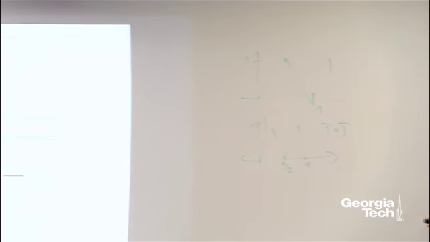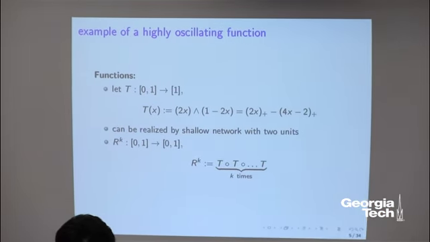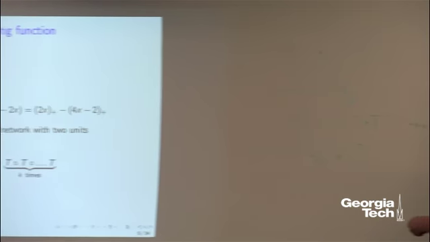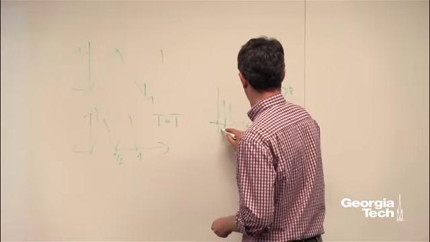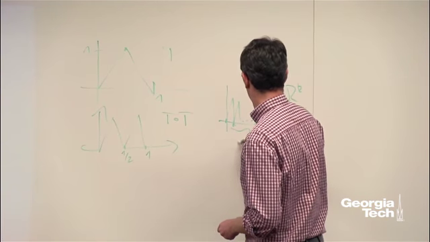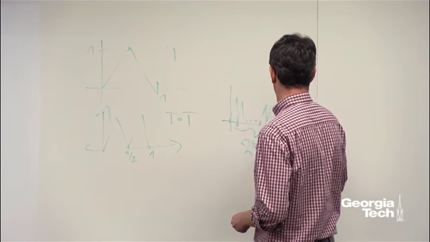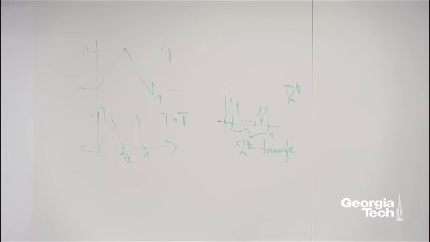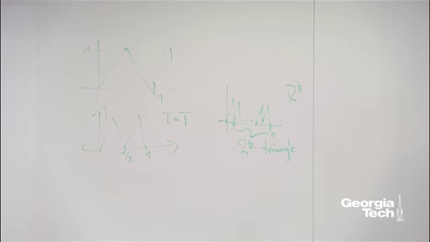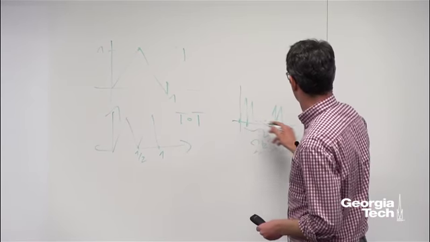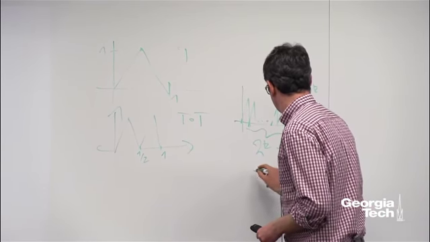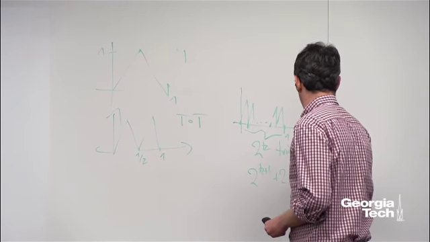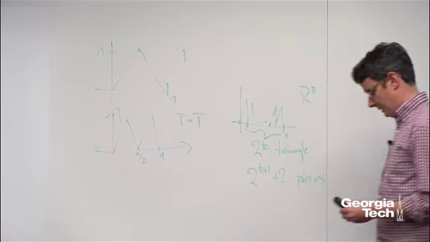And so this is what this function Rk is. The function Rk consists of, if I'm not mistaken, 2 to the k of these triangle functions. If you see it as a function on R, it is a function which has 2 to the k plus 1 plus 2 linear pieces.